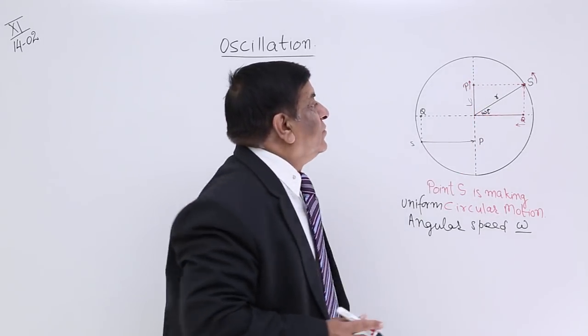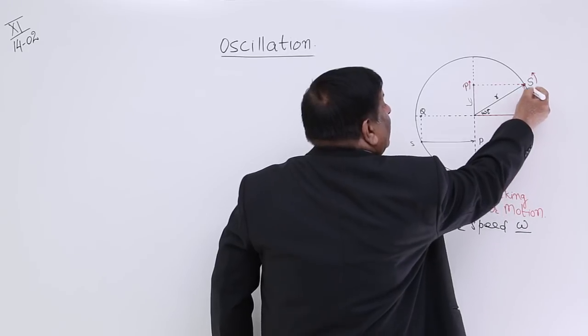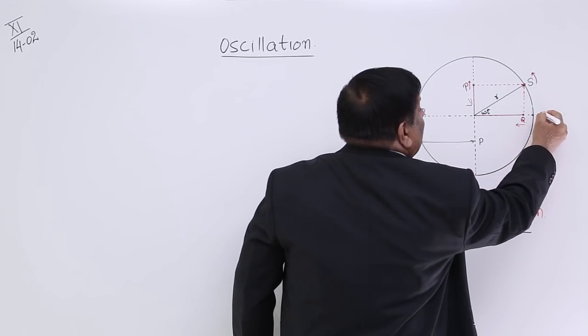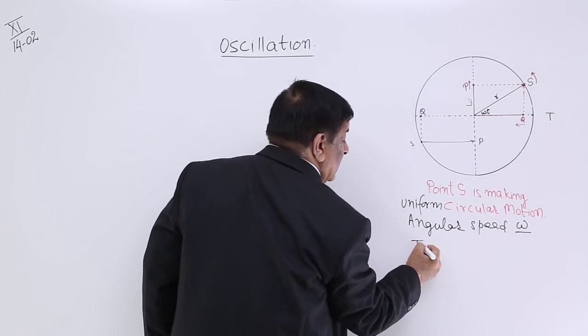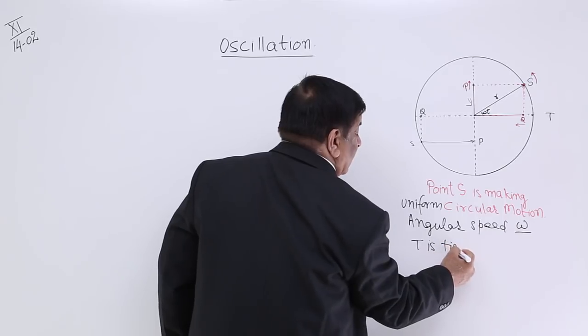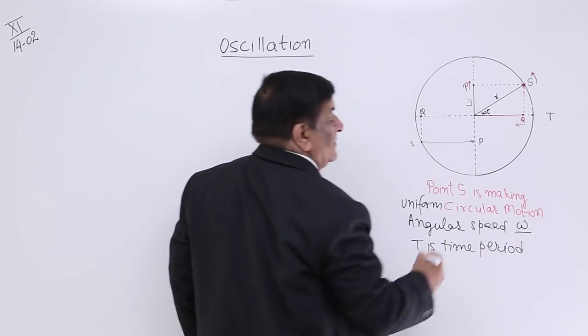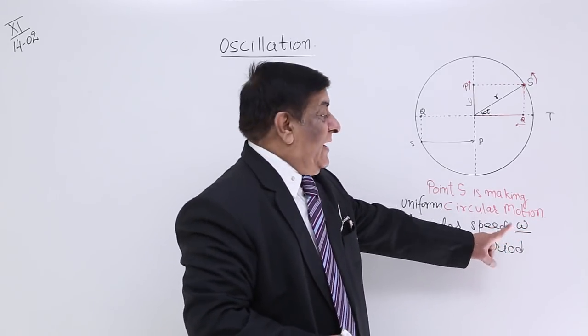Okay. So it starts from here and goes all the way and comes back here, and the time taken is T. So what is this T? T is time period. Every 1 second angle made is omega.